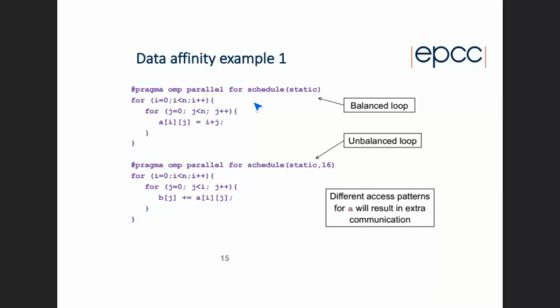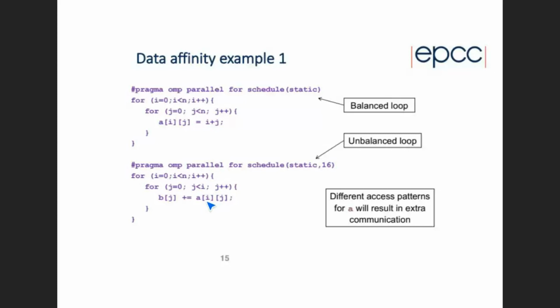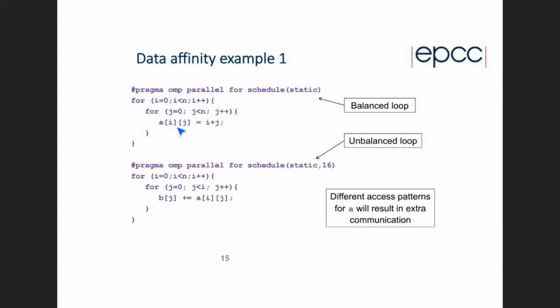Then think about what's happening here. When we come to run this second loop, for any given element of A, so for a given A[i][j], for most of them the thread that's doing the read here is not the same thread that did the write here, because of the different schedules.